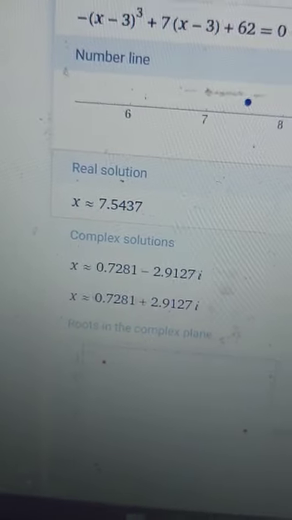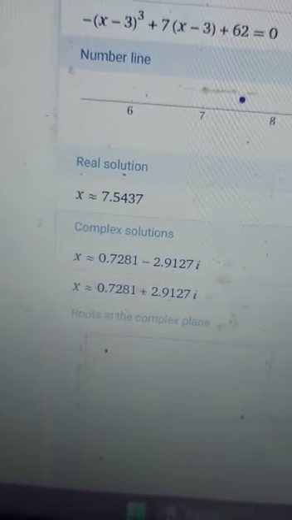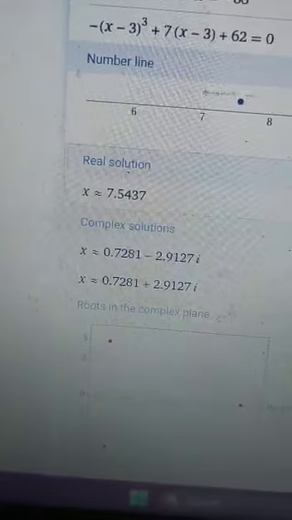Okay, I haven't solved it because it's such a messy problem that no human is going to want to do this, because computers exist. In fact, allow me to show you the exact solution right here. The real root is approximately 7.5437, and the complex ones are whatever.